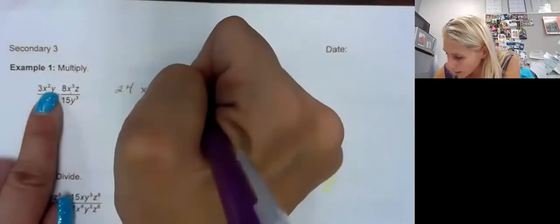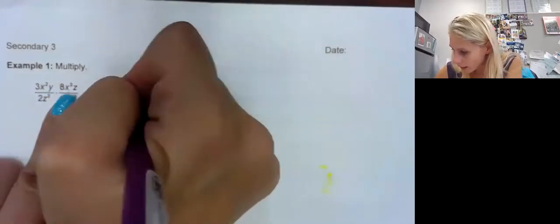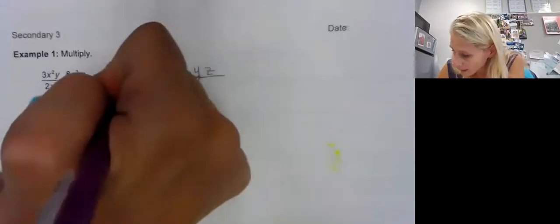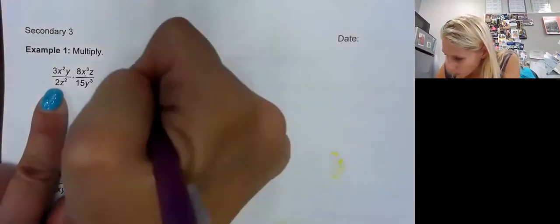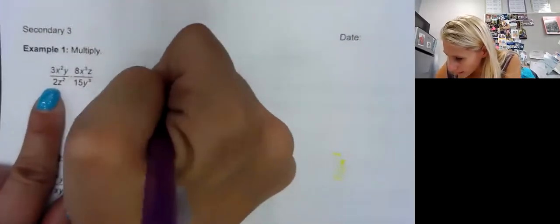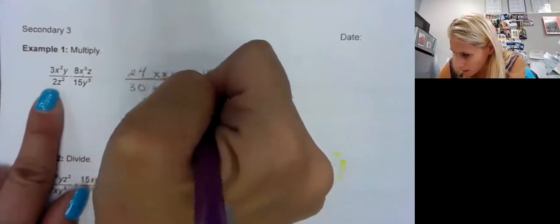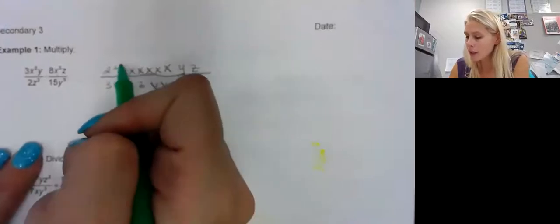Now we have 1 y, 1 z, and that's on top. On the bottom, 2 times 15 is 30. No x's. We have 2 z's and 3 y's. All right. So one thing I want to show you that most people forget is to simplify this fraction.